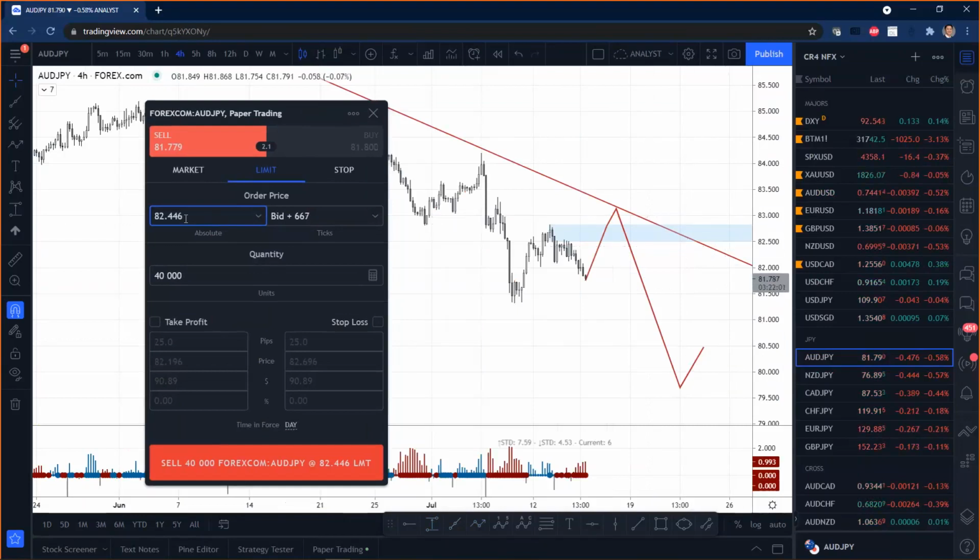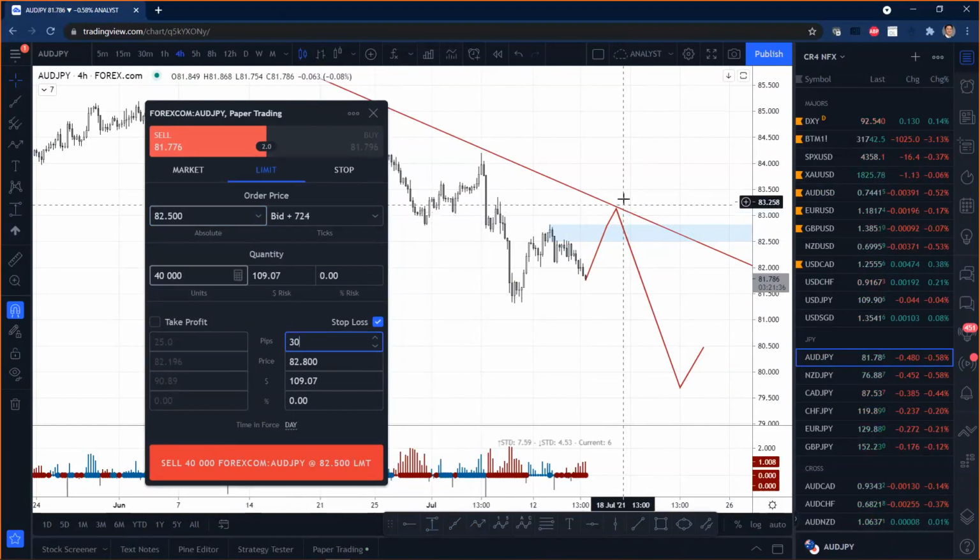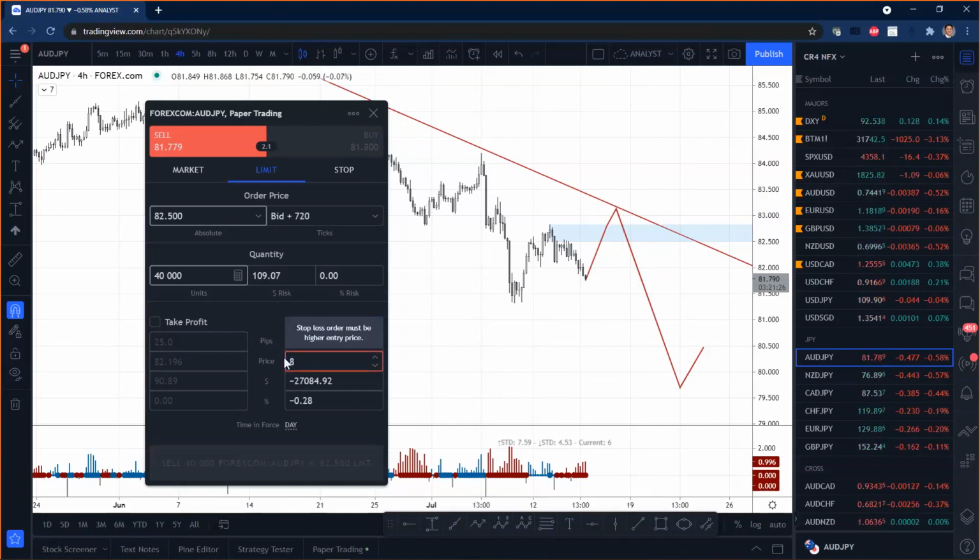So 82.50, we're short 82.50, for example, and if we have a stop loss of 25 pips, that will put us just a little bit inside this high here. So I think let's take it above, say, 83, and that just gives a little bit more room for prices to move. And in fact, I would even say let's take it up to as high as 83.50, just so that we give it a lot more room to move.